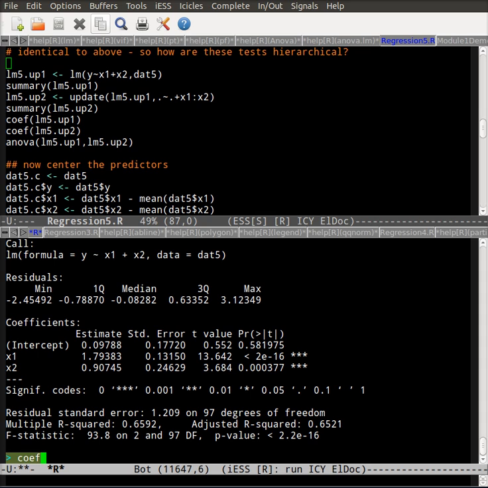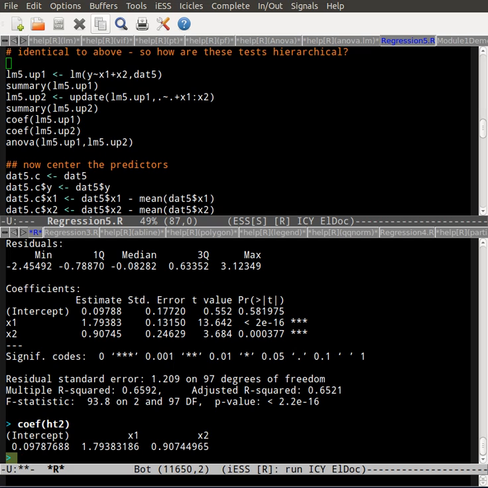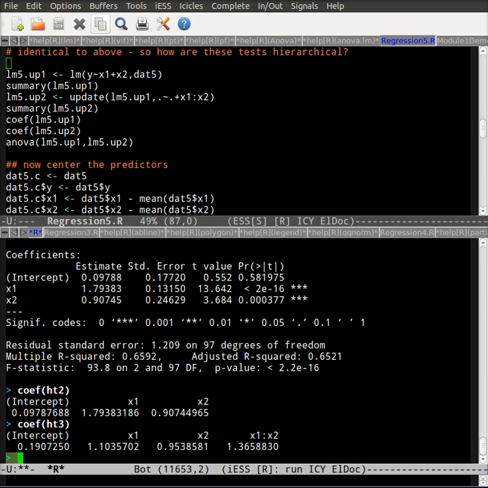If I ask for the coefficients for HT2 and for HT3, let's compare what these coefficients look like. Here we've got a difference in intercept, albeit slight, about 0.1, but that's immaterial. We have a difference in our coefficients for x1, a slight difference in coefficients for x2, and of course we didn't have a coefficient for our interaction term.